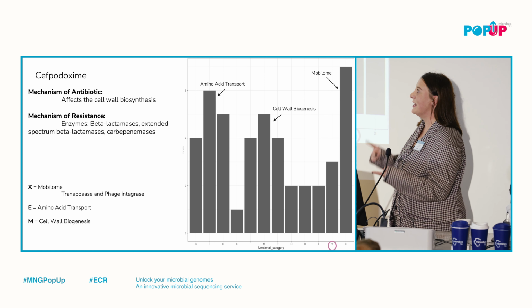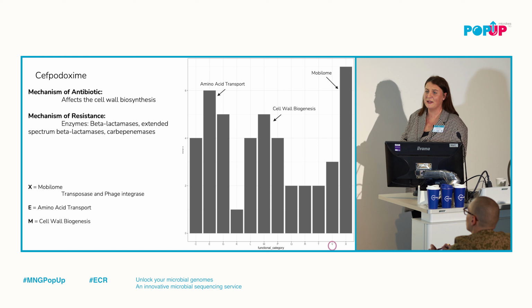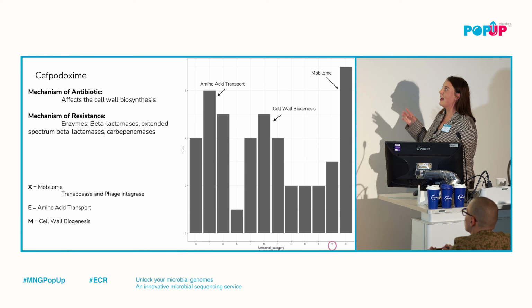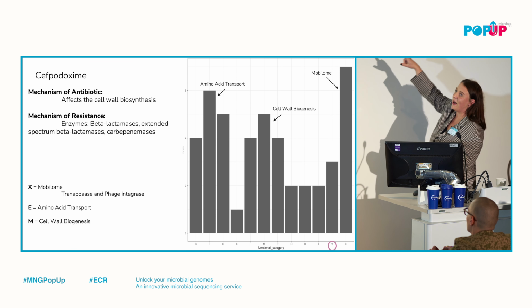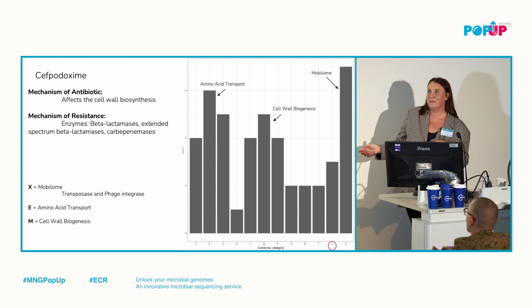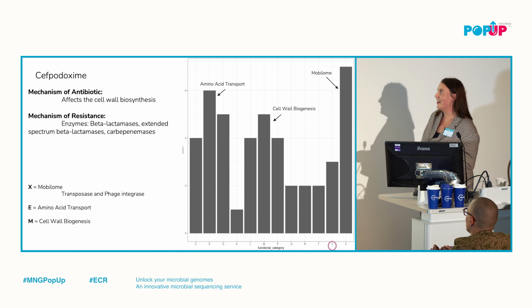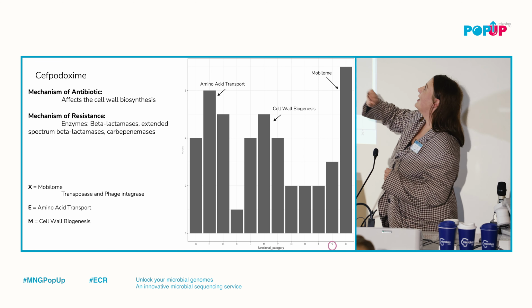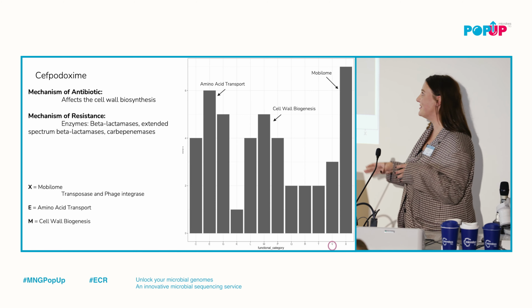The resistance mechanism is through beta-lactamases, extended spectrum beta-lactamases, carbapenemases, and we can see here that quite a large quantity of the mobilome, which I would consider to be relevant because those genes are most likely plasmid associated. So yeah, makes sense. Again, you've got amino acid transport, cell wall biogenesis, all of those things link into it.